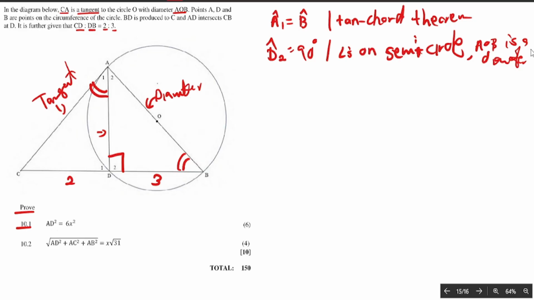And once you've proven that it's 90 degrees, therefore angle D2 is equal to angle D1 is equal to 90 degrees, because it's a straight line.